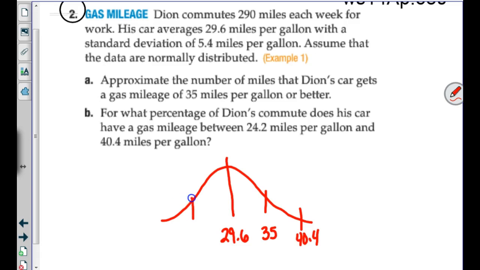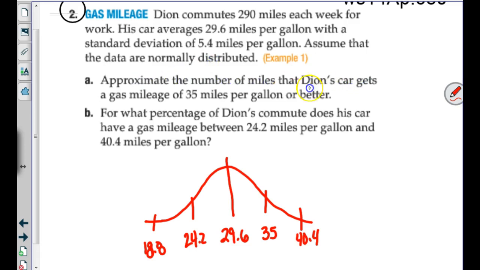If we subtract 5.4, we'd have 24.2. Somebody be checking these on the calculator. Check off another 5.4, 19 point something. 24.2 minus 5.4. Thank you. All right.